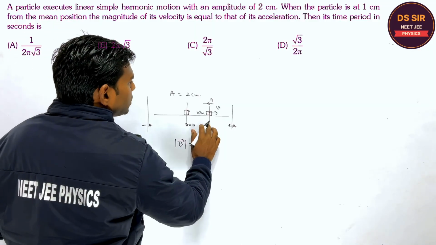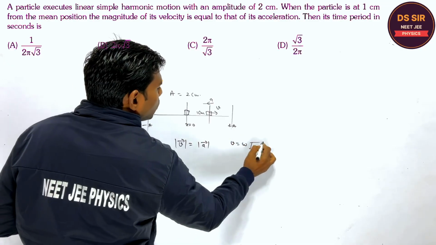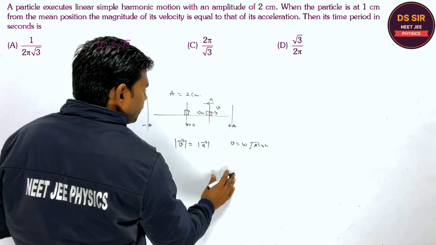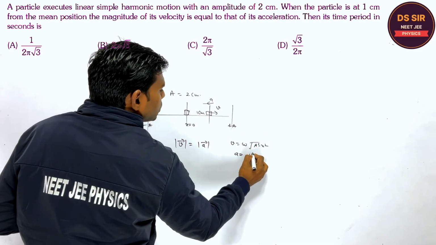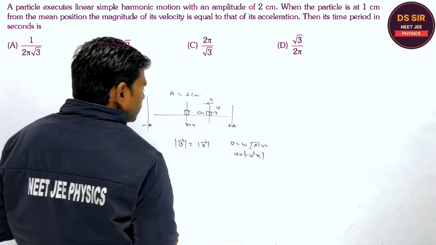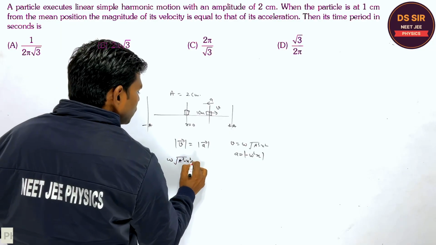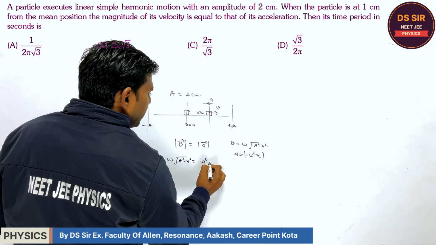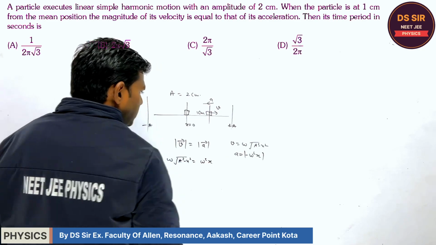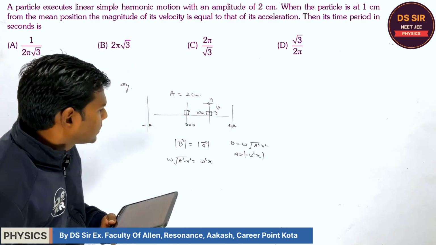So what is the velocity? The velocity we will write omega root over a square minus x square, and the acceleration is minus omega square into x, right? So I am writing the magnitude. So the velocity is omega root a square minus x square, and the acceleration is omega square into x.